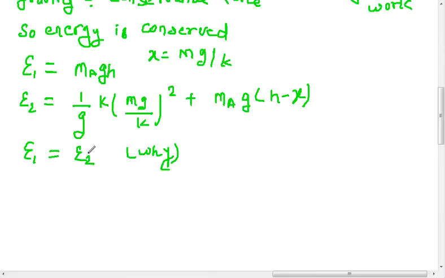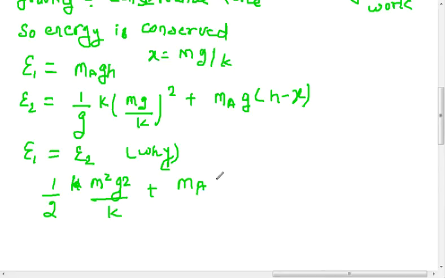Now here, what can I write? 1 by 2 k, m squared g squared by k squared, sorry guys, this is not k, by k.